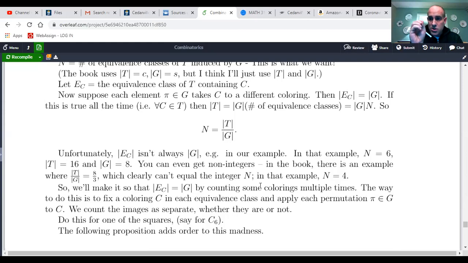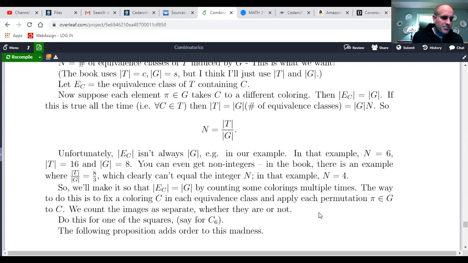So what we're going to try to do is take each one of those equivalence classes and think carefully about the way the permutations act on them, so as to expand the size, in quotation marks, of those equivalence classes so that they all have a consistent size. That way, we can divide through by the size of the group and simply get the number of equivalence classes.